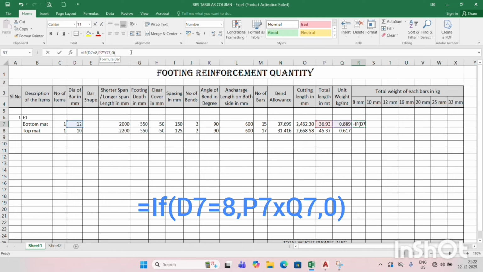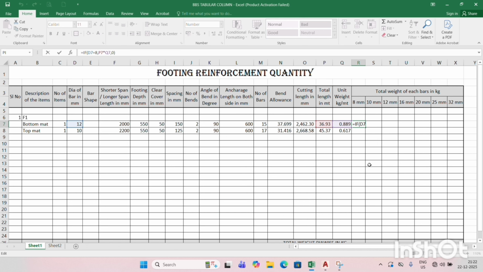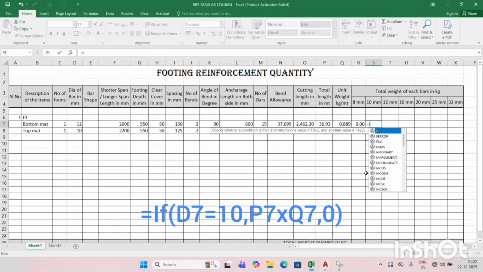Just have a look. This is the conditional formula, only taking the dia of bar, total length and unit weight. It is calculating here, but the result here is 0. Why is it 0? Because this is not 8 mm, this is 12 mm. Don't worry. Then go to 10 mm. Here also the same equation. This is equal to IF open bracket.